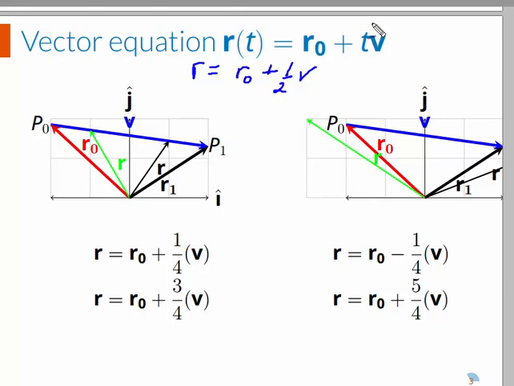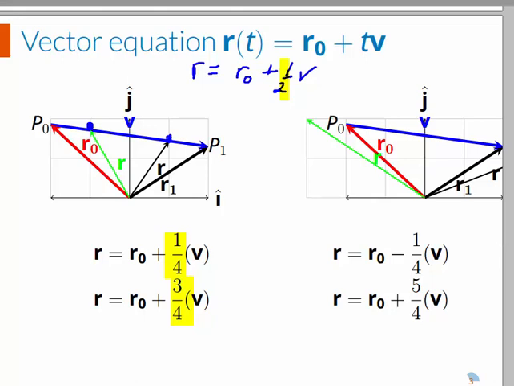But there's nothing special about the 1/2. So I'm going to change that 1/2 to a 1/4, and the result is that the vector r will point here, 1/4 of the way from P0 to P1. If I change it to 3/4, obviously it's going to point here.